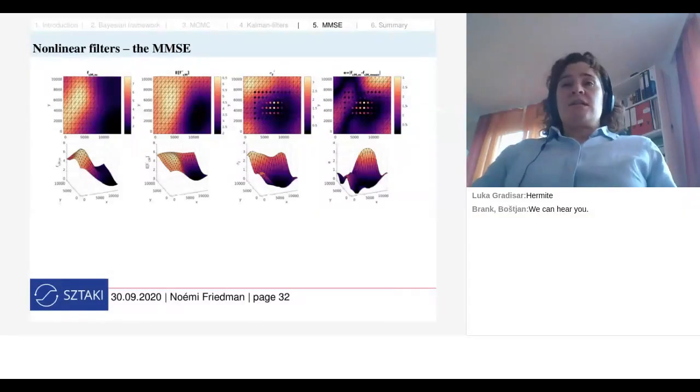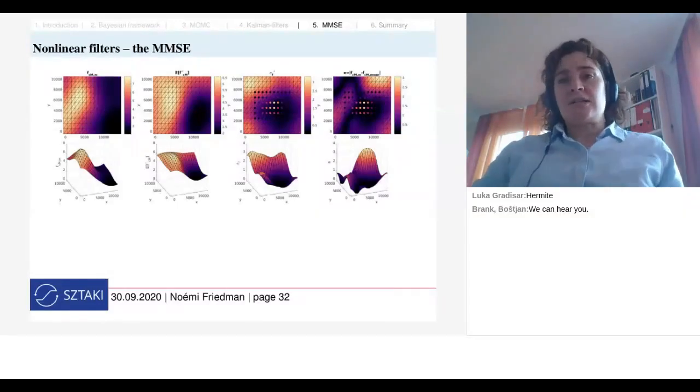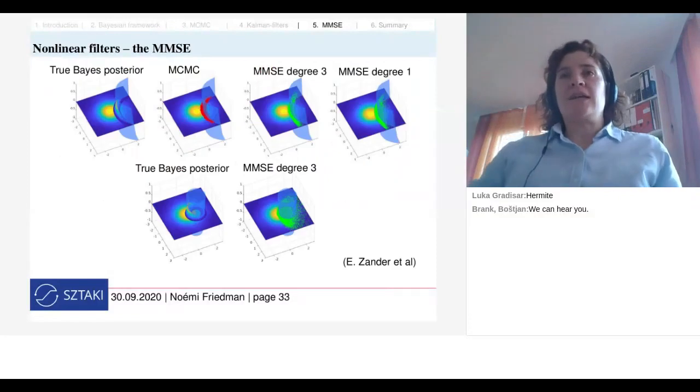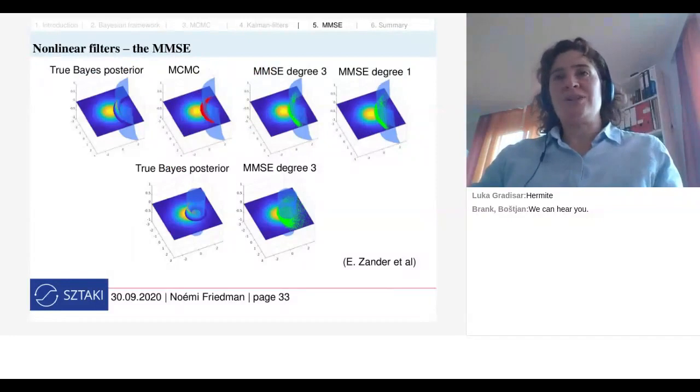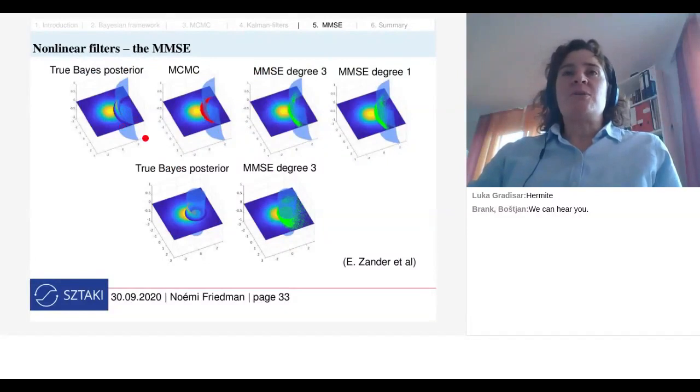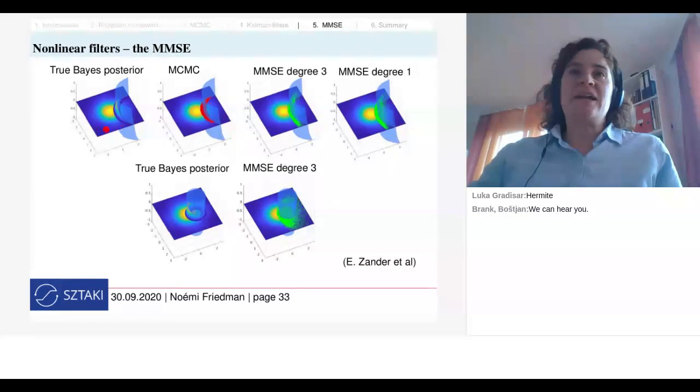And this was it. These are the results for the field. You can check all these examples on the website that I gave you. I'm not going to explain this example, maybe just quickly. You have some posterior distribution that should look like this, because this is some measurement, this is the response surface, and this is the underlying prior.